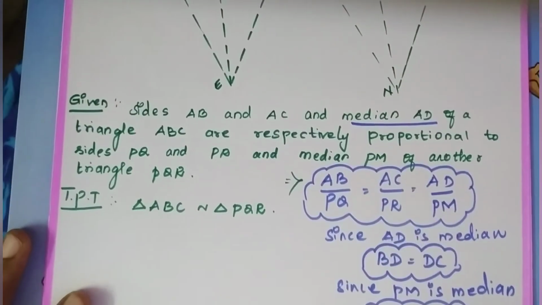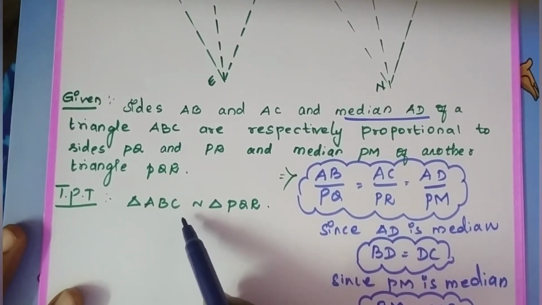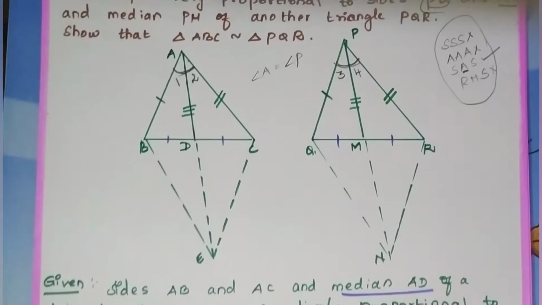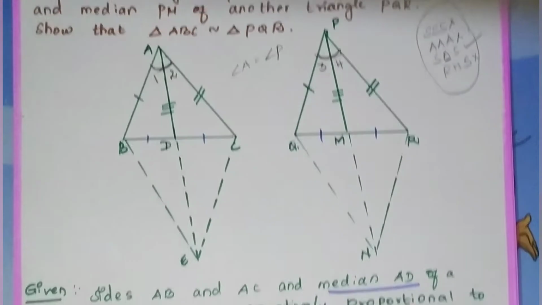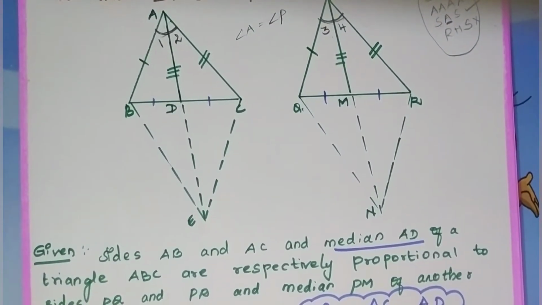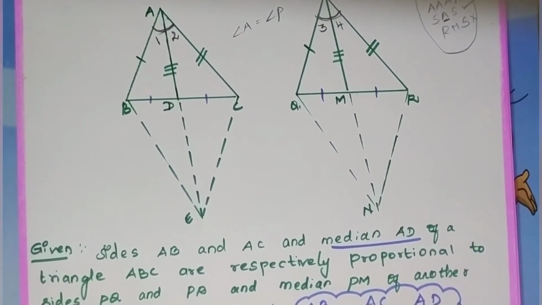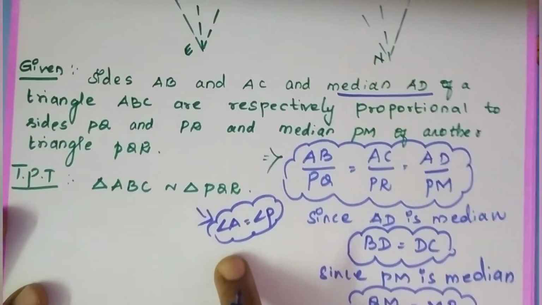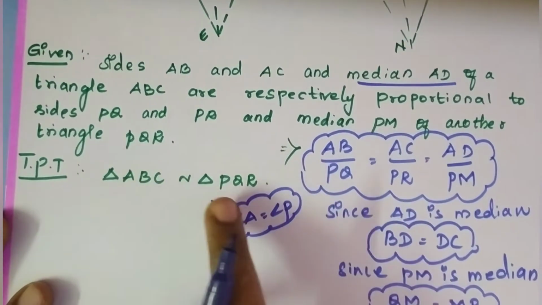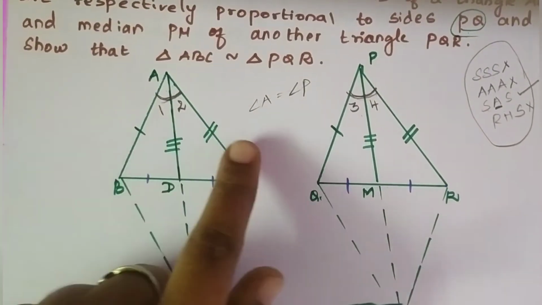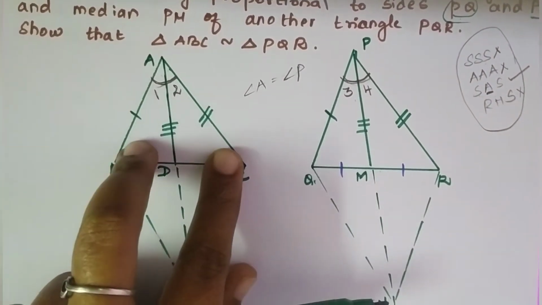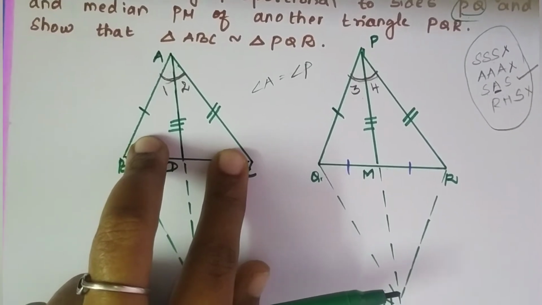Clear? And then we have to prove that triangle ABC is similar to triangle PQR. For this, I have to prove that angle A is equal to angle P. If I prove this one, I can tell that the two triangles are similar, because already we know that the two sides are in proportion, and it is given in the question itself.